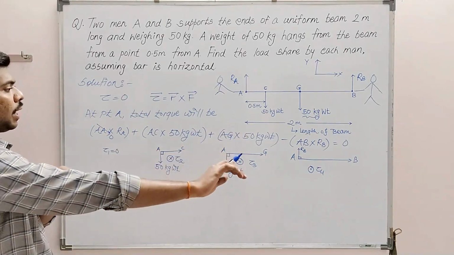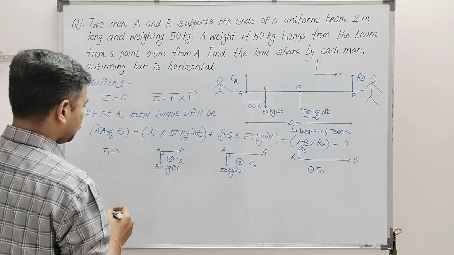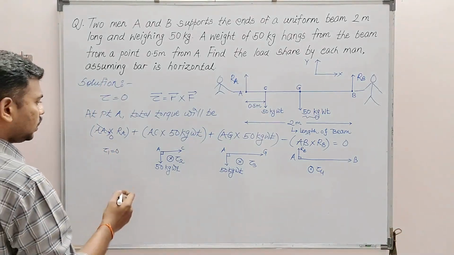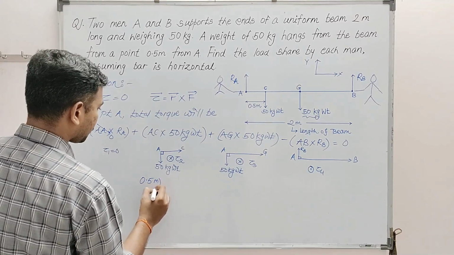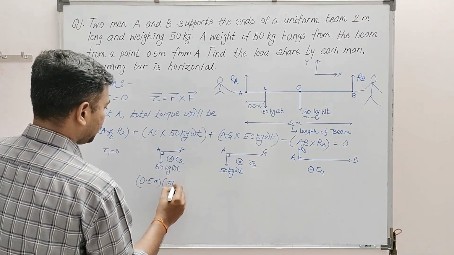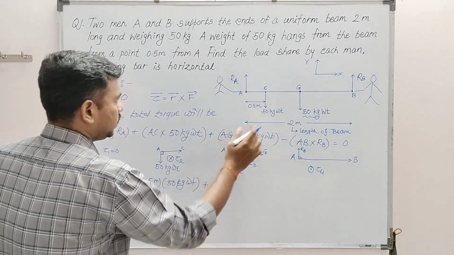So in this way, we have this equation. Now AC is 0.5 meter. As torque 1 is 0, I can simply write 0.5 meter into 50 kgWt plus AG is 1.